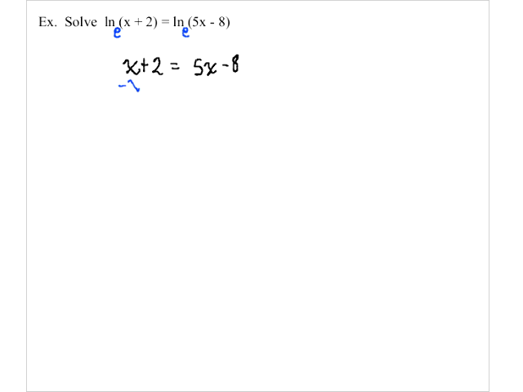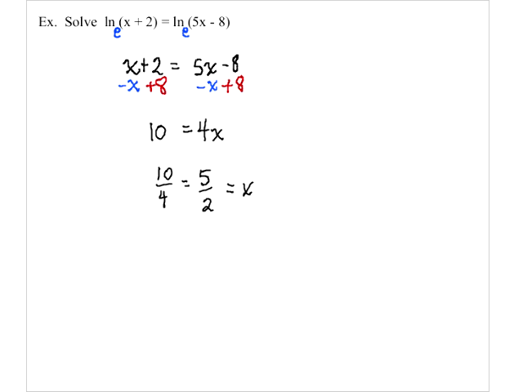So all I have to do is move the x to the right side, and then I'll move the 8 to the other side. So I'll have 10 equals 4x. And then when I divide by 4, 10/4 is 5/2, and that's going to equal x.